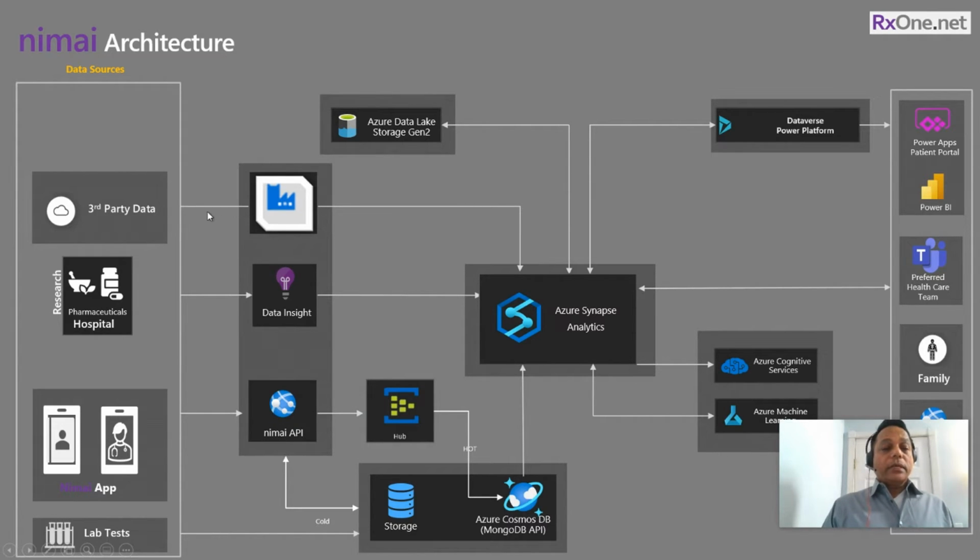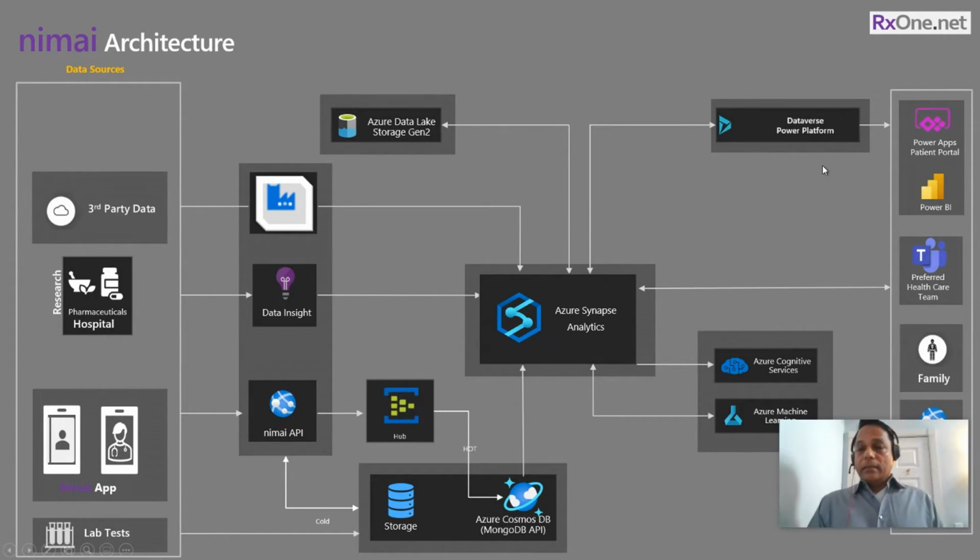So we get the data insight, and we use our analytics. And we are also open to other third-party data. We get, for example, weather or pandemic disease information. Everything comes through Azure Data Factory, and we get it to our Azure Synapse, and we do the analytics.